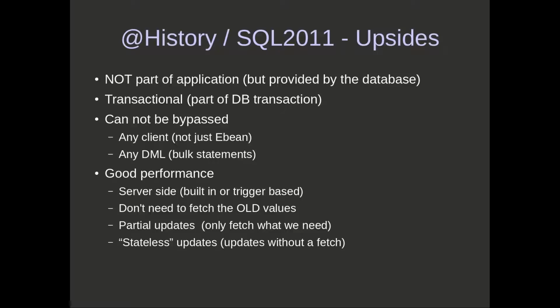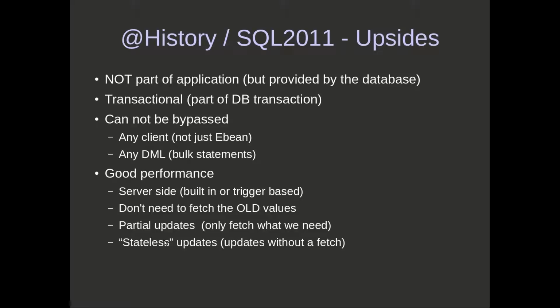In terms of performance, I would say that it's good performance because effectively we're on the server side, so it's either built-in or it's trigger based. What that means is that we've not got the extra network traffic going between the database and the application server, for example. We don't need to fetch the old values in order to maintain the audit log, because the old values are supplied in the trigger automatically.